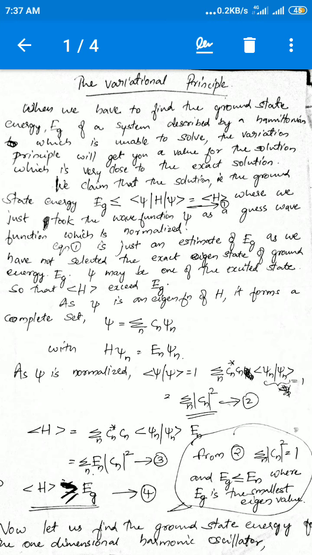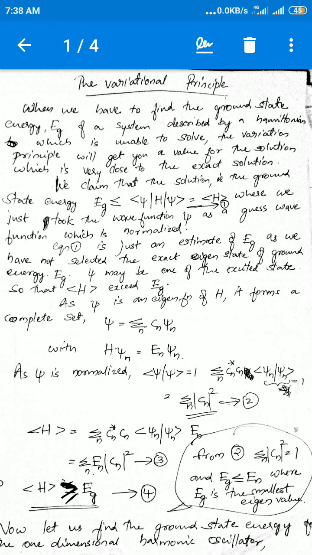We took only a guessed wave function psi. So psi may be one of the excited states, maybe not the exact eigenfunction of the energy Eg. It can be the wave function of a higher energy level.